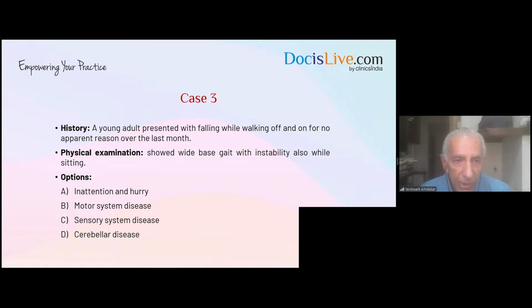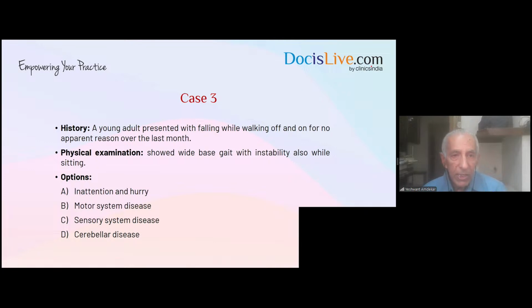when you see him walking, he has got a very wide base gait and he's very unstable, while sitting also. So he has a lot of instability. He's unstable, and that's why he's falling. And he has got a very wide base gait.